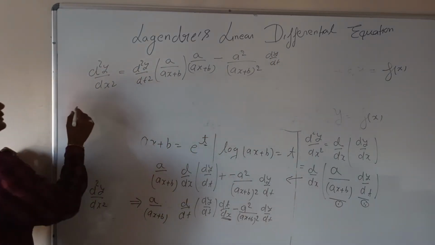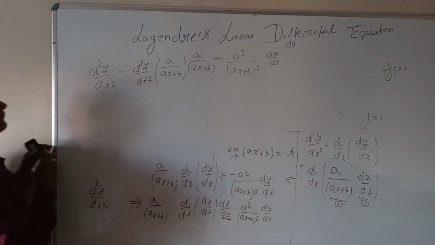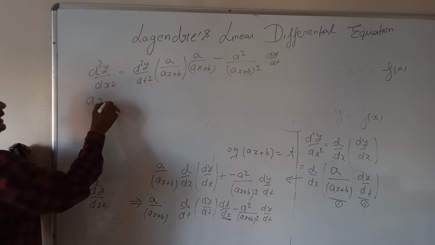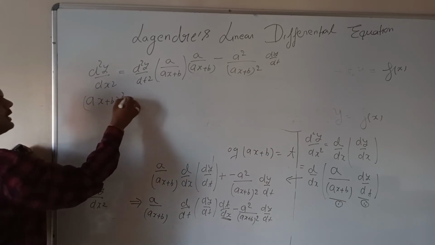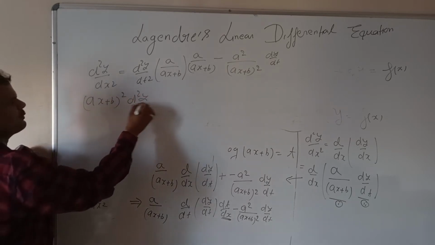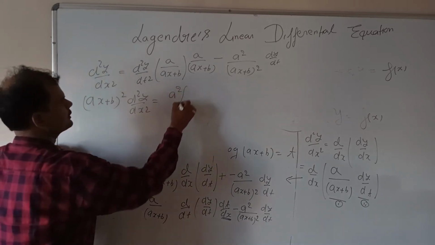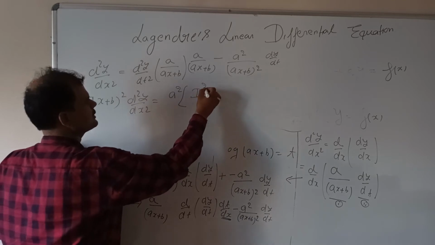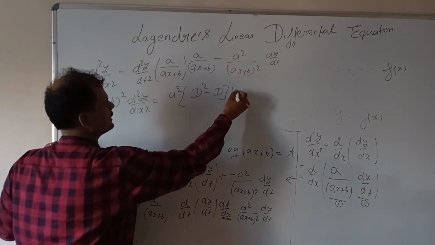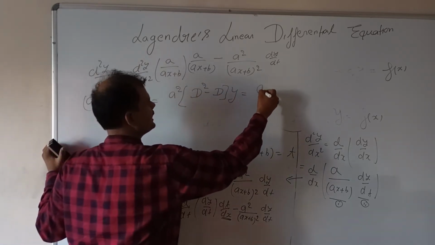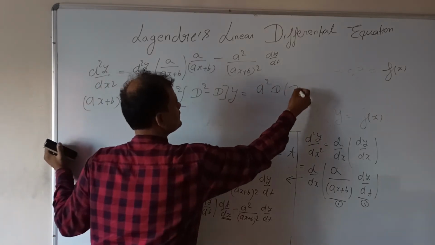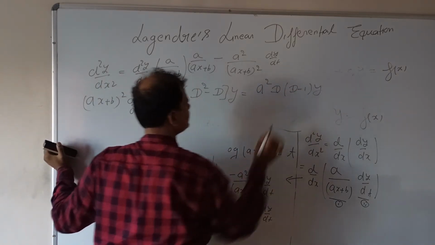So if we simplify, we get (ax plus b) whole square d²y/dx² equal to, if you take a² common, a² (D² minus D) y, or we can write a² D(D minus 1) y. Fine.